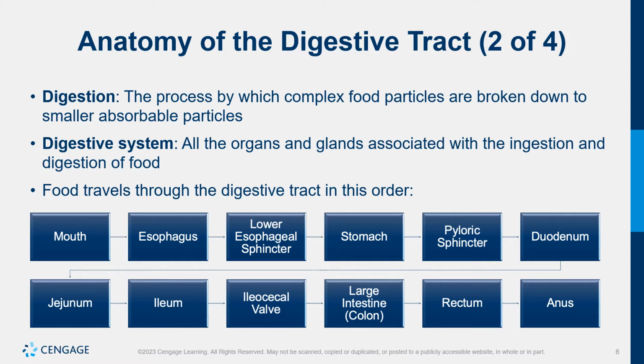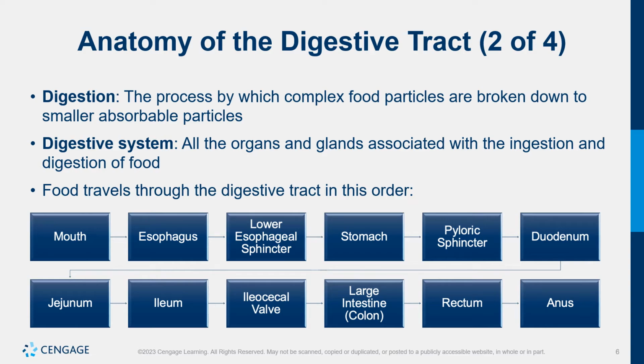In the end, we break food down to carbohydrate or sugars, amino acids, which are the smallest parts of proteins, and triglycerides or fatty acids, which are the smallest parts of fat. We also absorb vitamins and minerals and water from food through the cells of the digestive system.